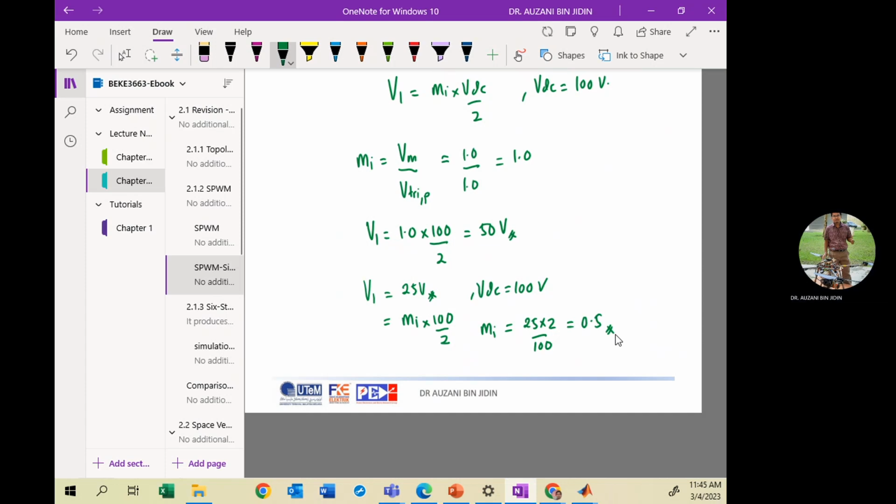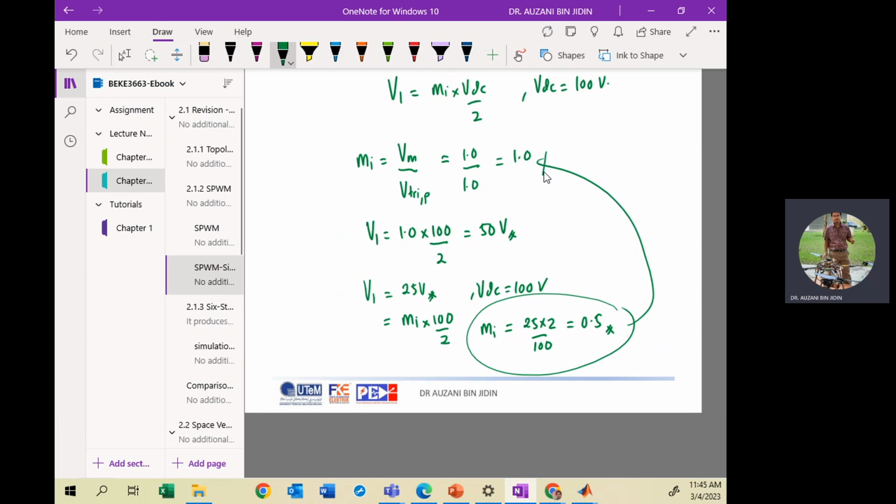Clear? So in order to get V1 of 25 volt, you need to adjust the MI. So you refer to this equation. Remember, please do not change the value of the peak of the triangular. You must set a constant value for the peak of the triangle.